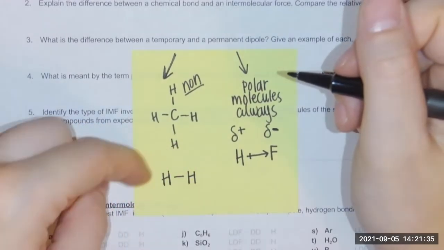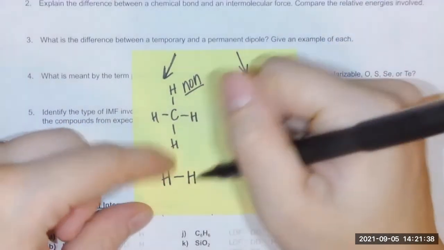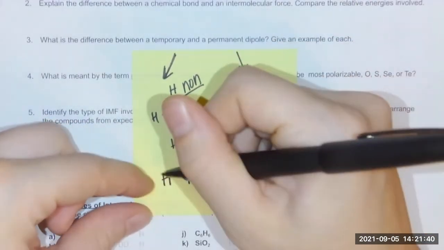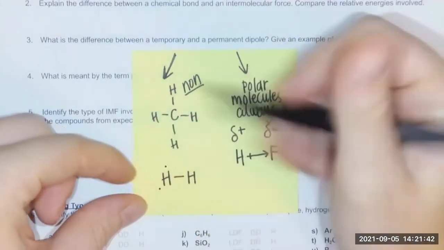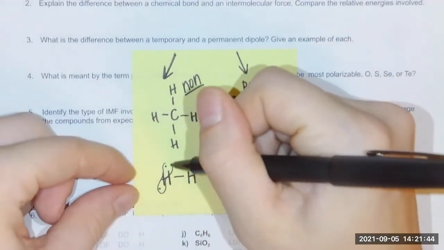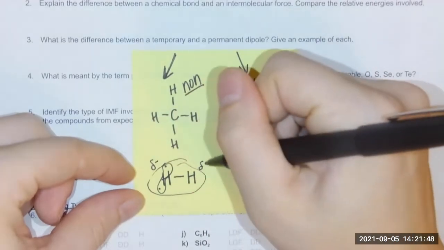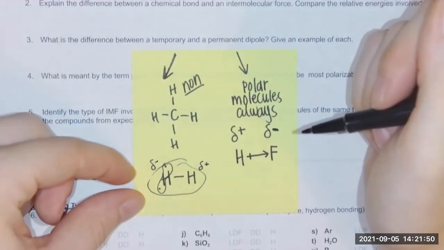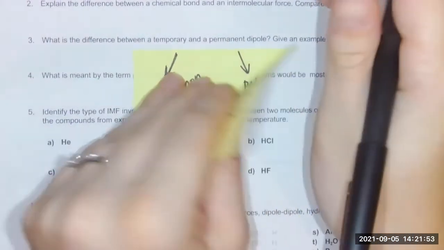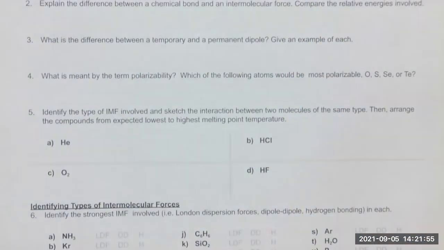Those are going to share electrons perfectly. But the electrons are still moving. And if they accidentally both happen on the same side of your molecule, it will create a temporary imbalance. It'll leave the next second, but for that one moment, there was an imbalance. So there's my example of each.